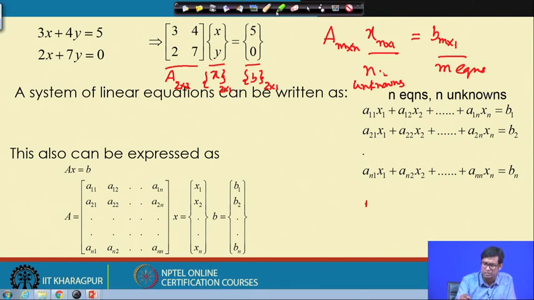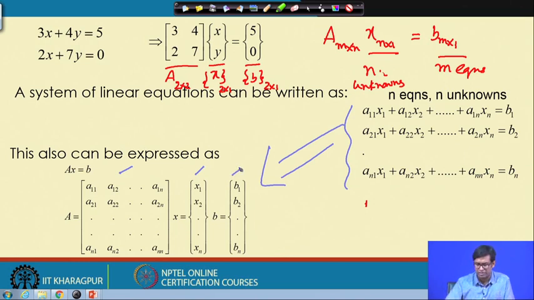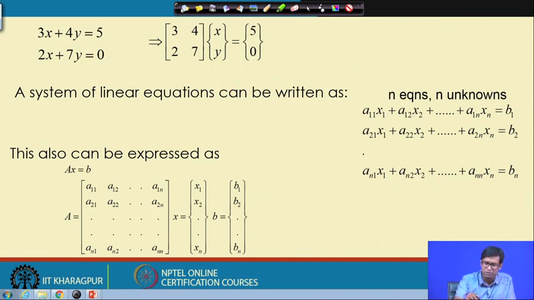This is the same system of equations, where the coefficients are given as a coefficient matrix A, the unknowns are the column vector x, and the right hand side is another column vector b. So, an equation system can be expressed as a matrix system of unknowns and coefficient matrix using matrix multiplication operations.